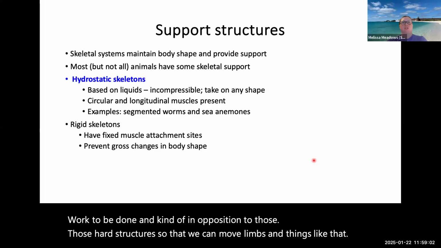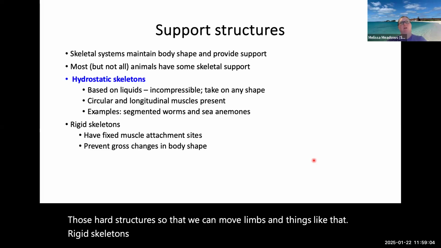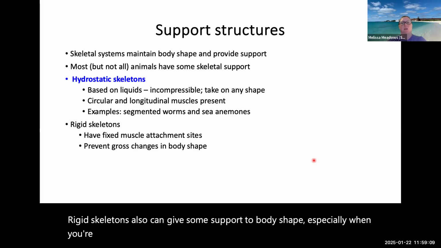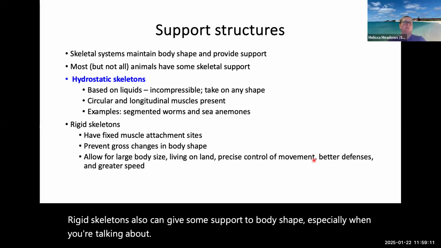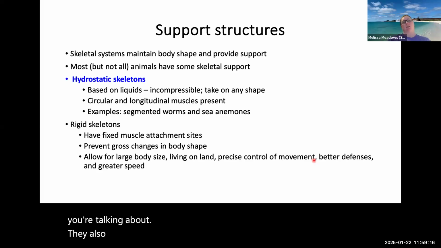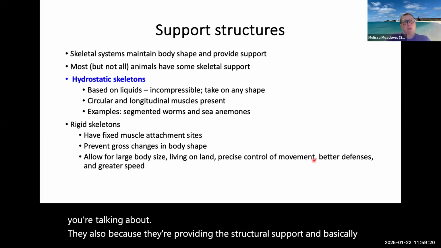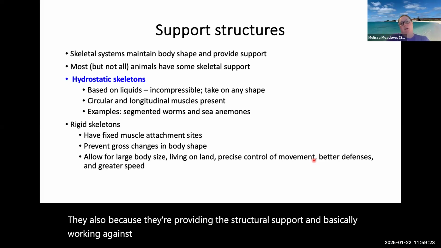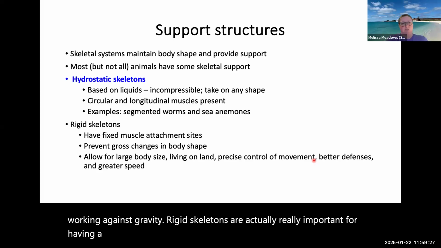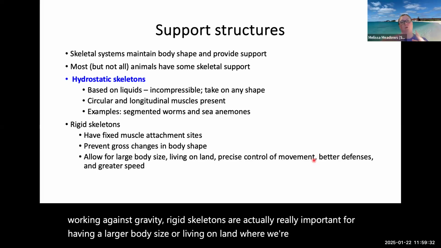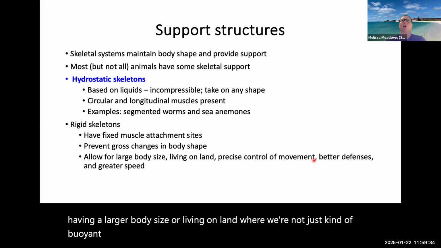Rigid skeletons also can give some support to body shape, especially when you're talking about exoskeletons. Because they're providing this structural support and basically working against gravity, rigid skeletons are actually really important for having a larger body size or living on land, where we're not just kind of buoyant in a watery environment.